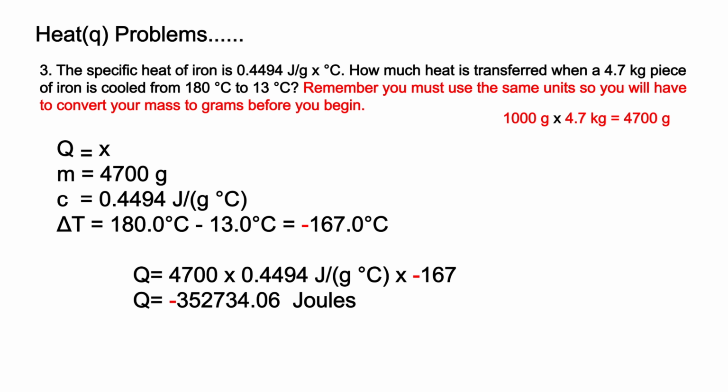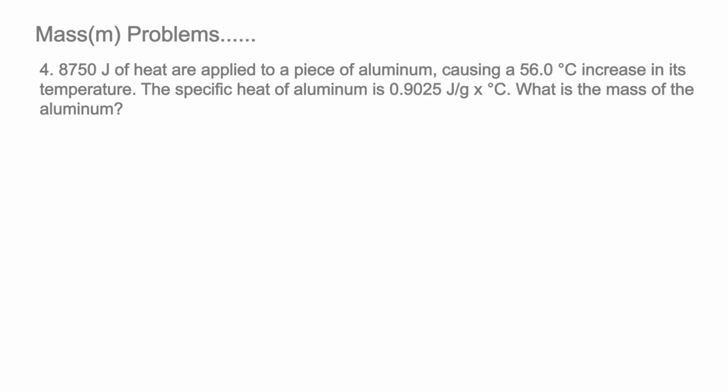Now we are going to use a different equation, and we will look for mass. So, question number 4. 8,750 joules of heat are applied to a piece of aluminum, causing a 56 Celsius increase in its temperature. The specific heat of aluminum is 0.9025 joules per gram.